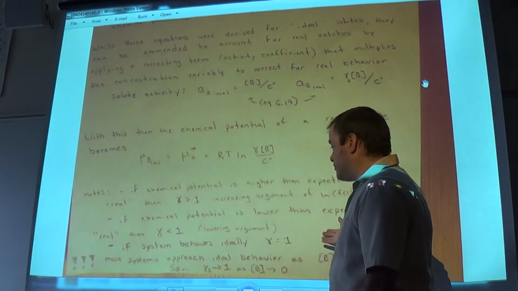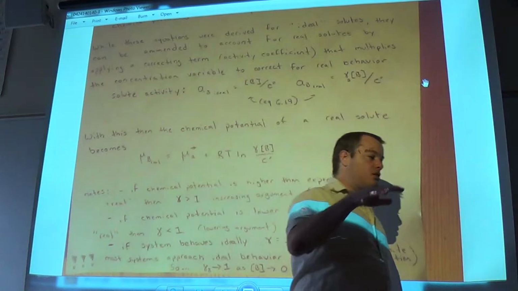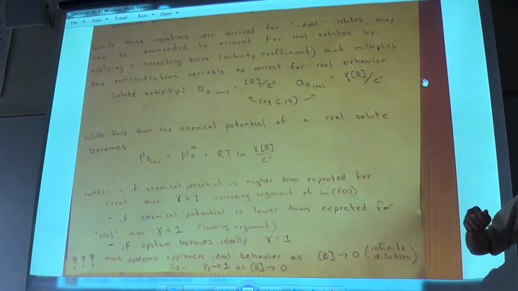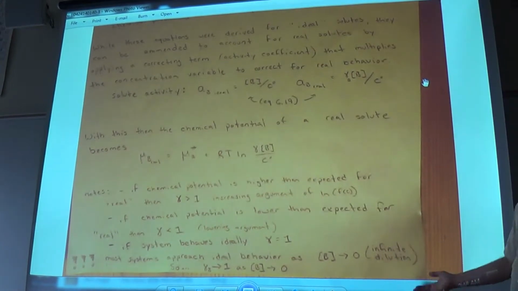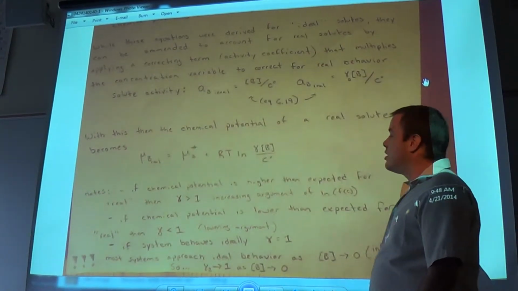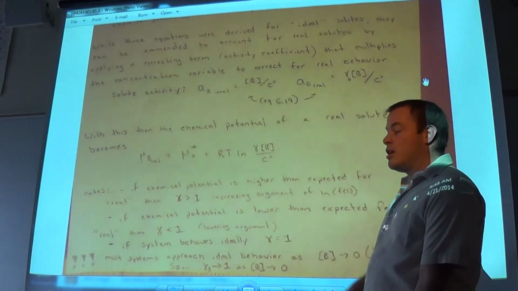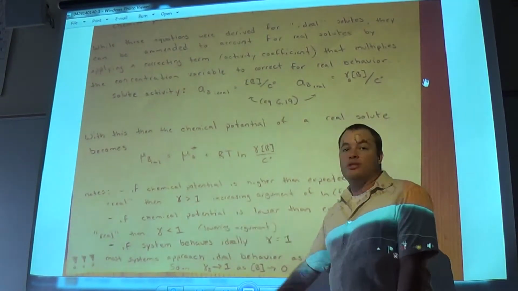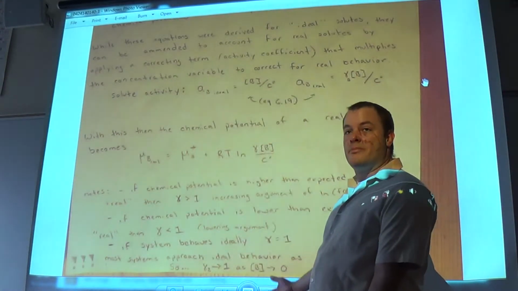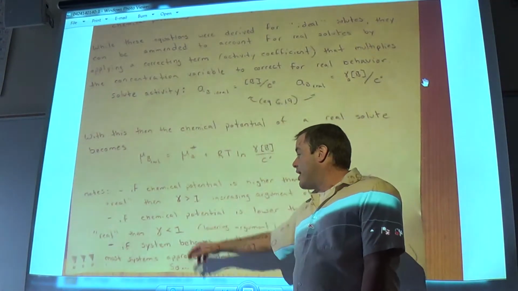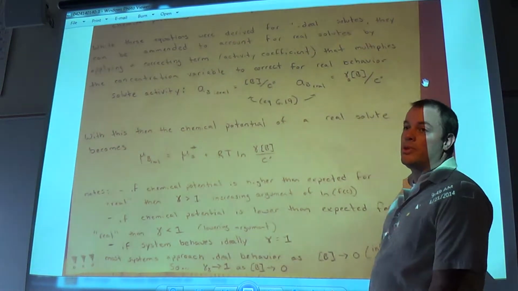So anyway, if the chemical potential of the solute is higher than you would expect for an ideal system, for a system that obeys Henry's law, then that activity coefficient is going to be greater than 1, right? If the chemical potential is lower than expected for something obeying Henry's law, then that activity coefficient is going to be less than 1.